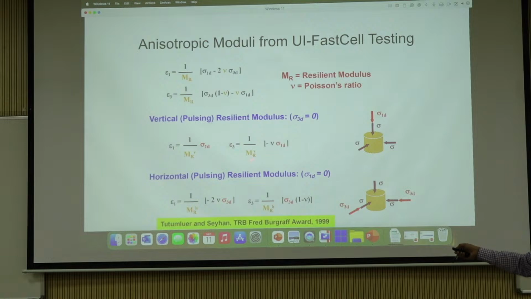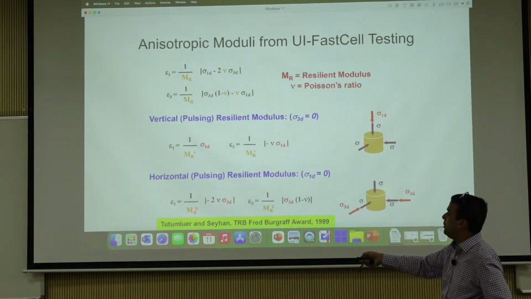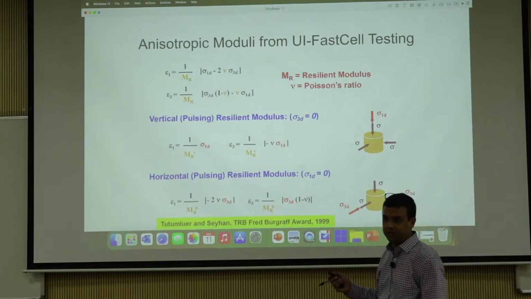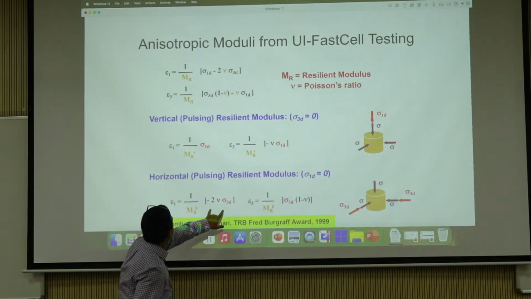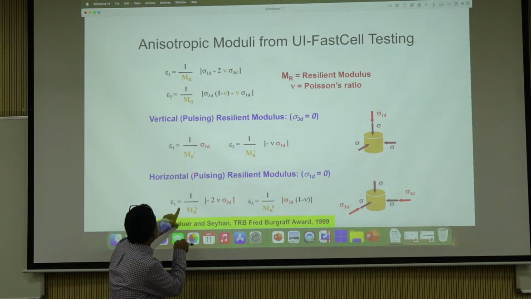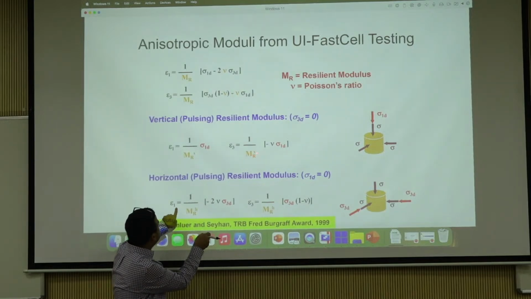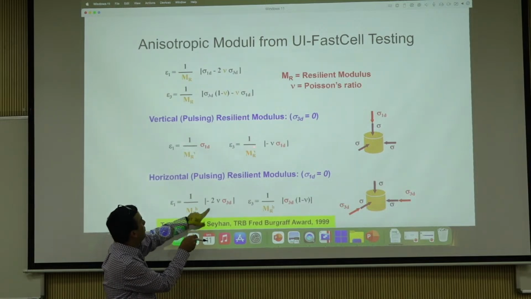Just the Poisson's effect. Horizontal pulsing, epsilon 1 is minus 2 nu times this, and epsilon 3 is the 1 minus nu component. It's just Hooke's law interpretation, there is no difference. But what you do see is, look at epsilon 3 in vertical pulsing and look at epsilon 1 in horizontal pulsing. What do you see as the difference?